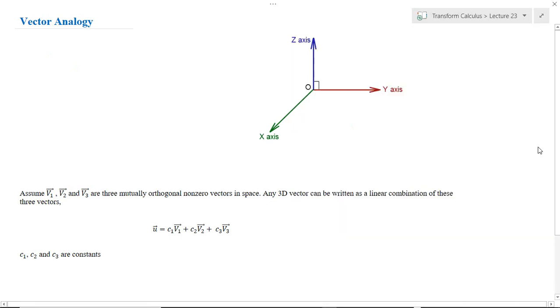So you know that if we have any vector in space, we can represent this vector in terms of I, J, and K components, which are along the X, Y, and Z axes.